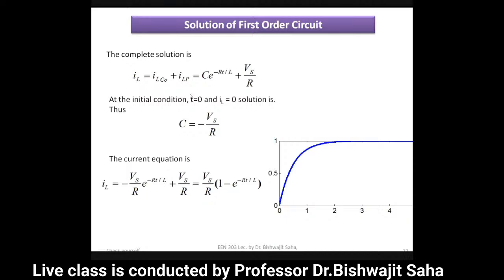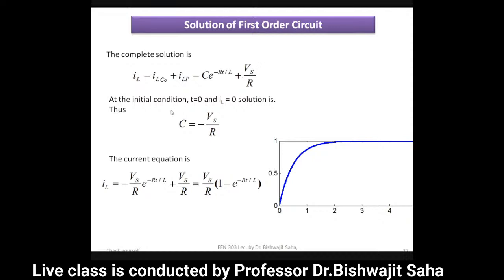By applying the initial condition, we can find the value of C. But before that, we need to find the complete solution. The complete solution of the current is the summation of the complementary function and particular integral. So we have found C e to the power minus R by L t plus Vs over R.